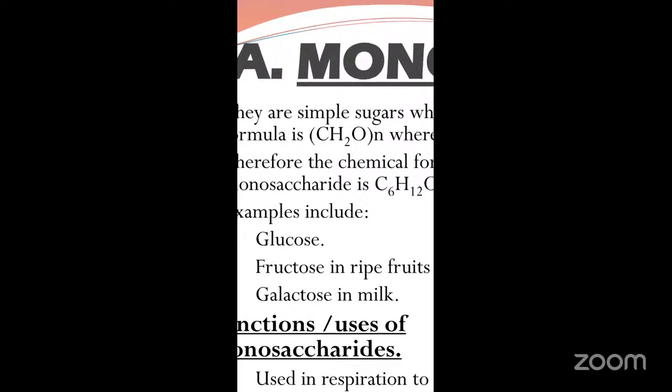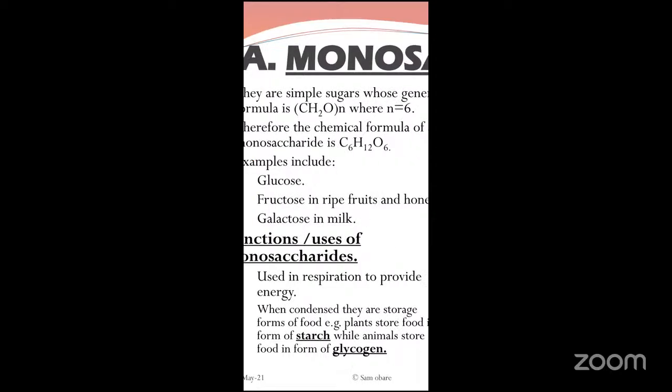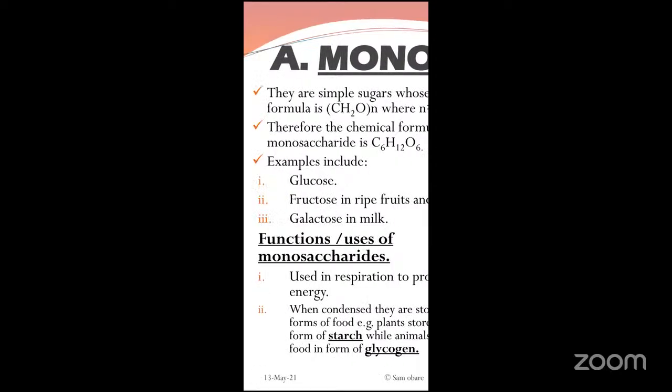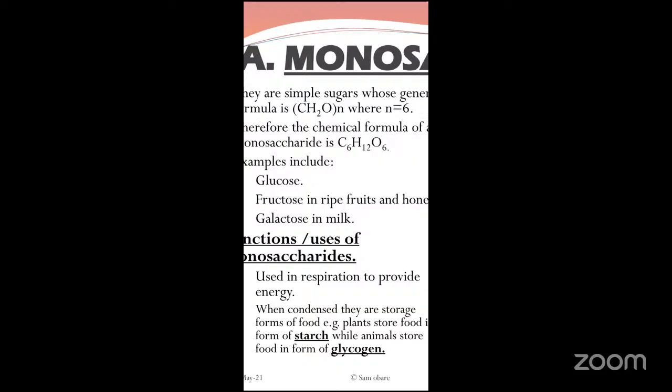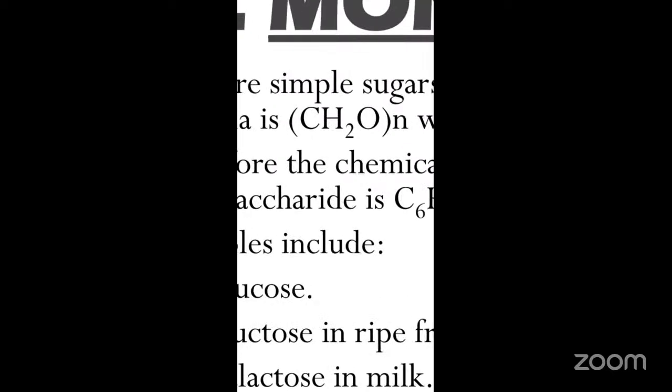So if you look at this formula, you will see that we have one carbon, two hydrogens, and one oxygen. Just like the way we said when introducing carbohydrates, that carbohydrates are made of carbon, hydrogen, and oxygen in the ratio of 1:2:1. And therefore, we say that the formula is (CH2O)n, where n is equal to 6. Hii ni kumaanisha hapa kuko na n, we substitute it with a 6. So what is the formula of a monosaccharide?